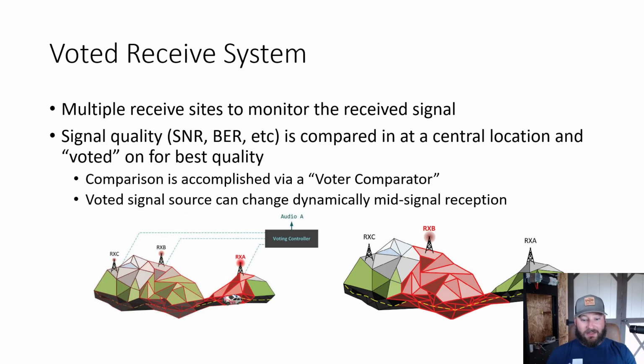The device that actually does this comparison is called a voter comparator, and the voted signal source can change dynamically during the reception of a signal, so you can move from one site to the next in the middle of the signal without the signal dropping out.